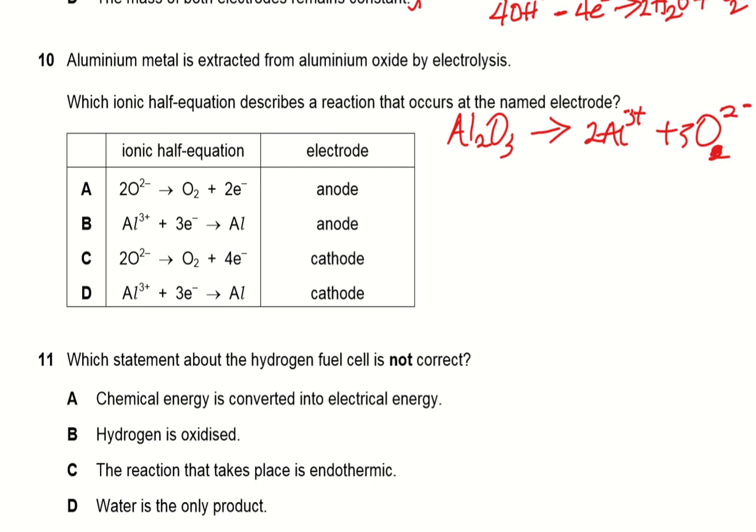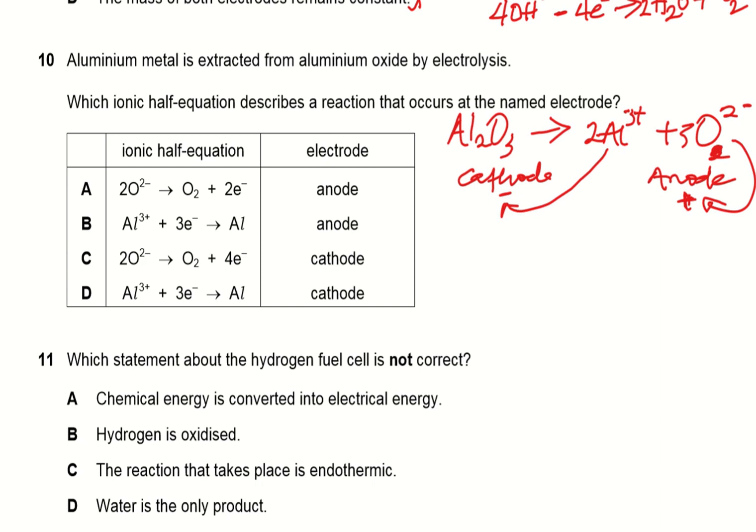So basically, at the cathode and of course at the anode. The cathode is the negative electrode, the anode is the positive electrode. So aluminium migrates towards the cathode while oxygen migrates towards the anode.